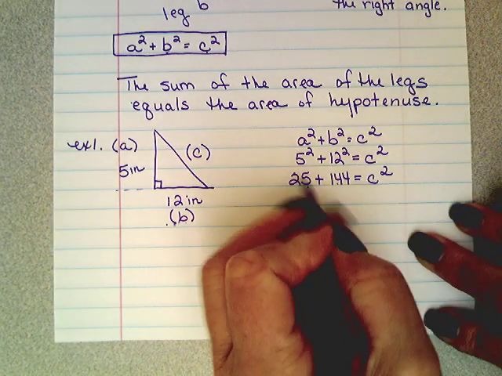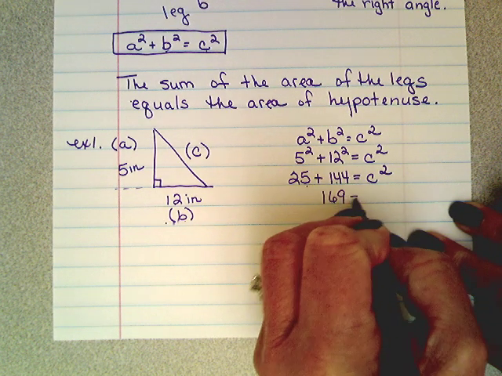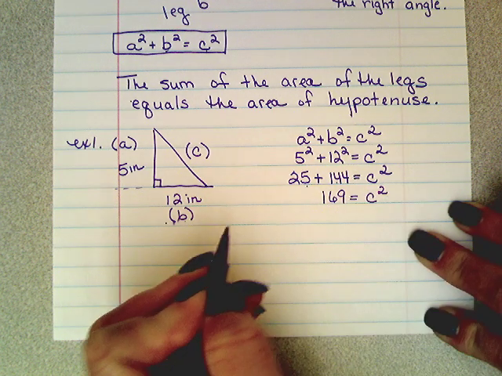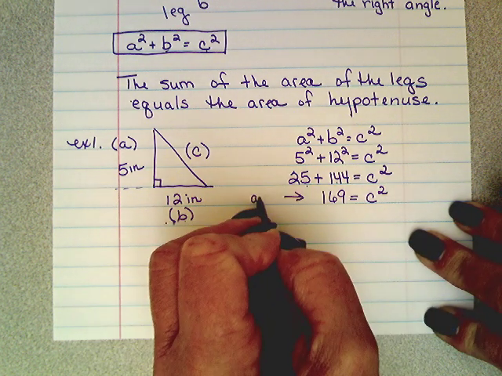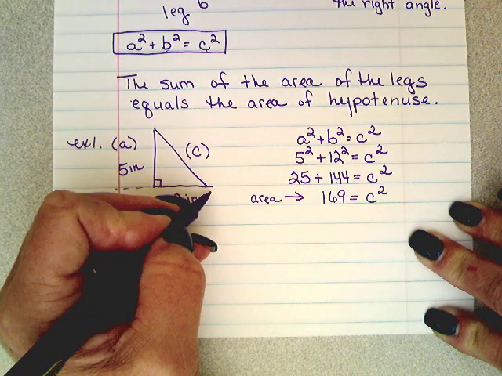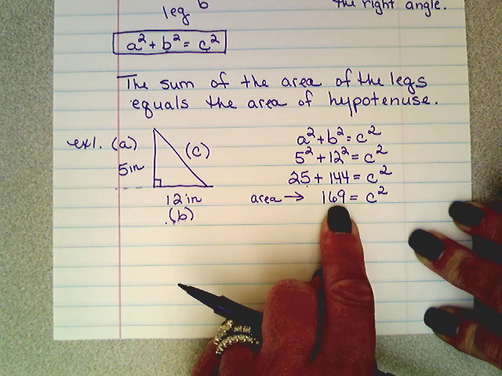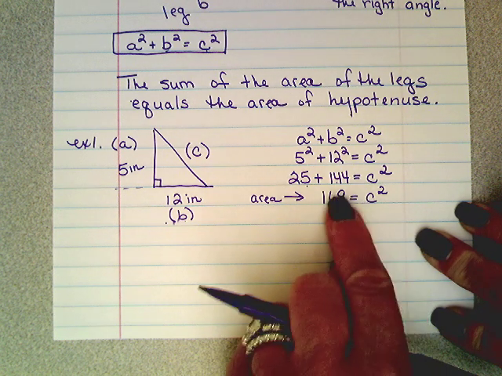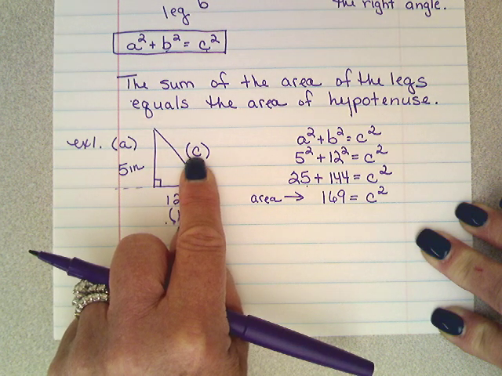So when I add these two together, I'm going to get 169 is equal to c squared. Now this represents the area. So that tilted square off of C is going to have an area of 169 units. But that is not our side length. Notice C is singular, no squared.